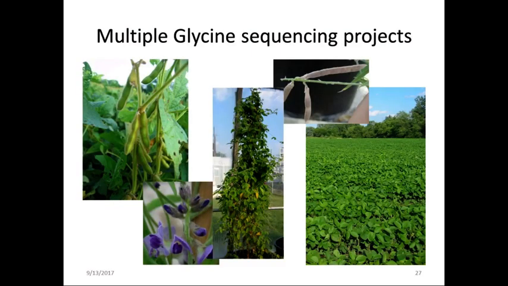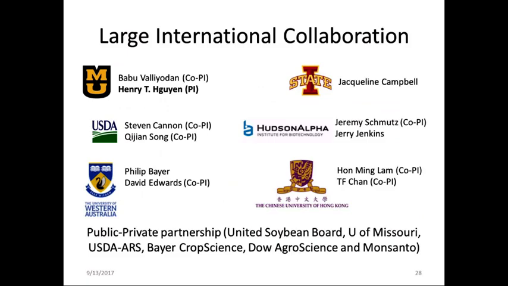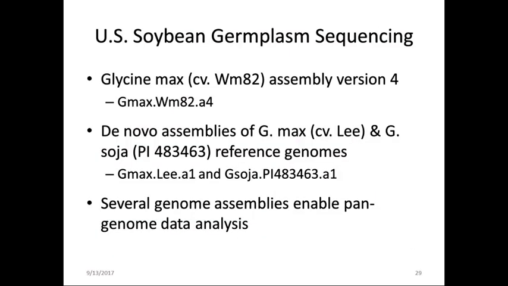So next project. It is a very large international collaboration with many people, including some public-private partnerships. I have to list here United Soybean Board, Bayer Crop Science, Dow Ag Science, and Monsanto. And it is the US Soybean Germplasm Sequencing Project through the University of Missouri.